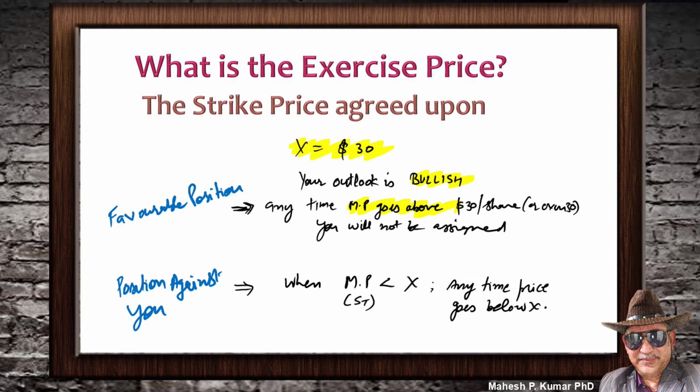When the market price is less than the exercise price, this position would be against you. If at any time the price goes below the exercise price, this position will be against you, because initially you are bullish and the price is going down, and then you will be assigned and then you will lose. So this is the situation.